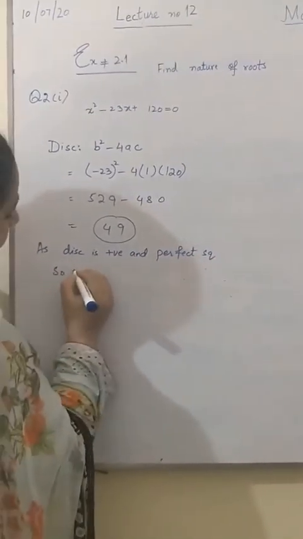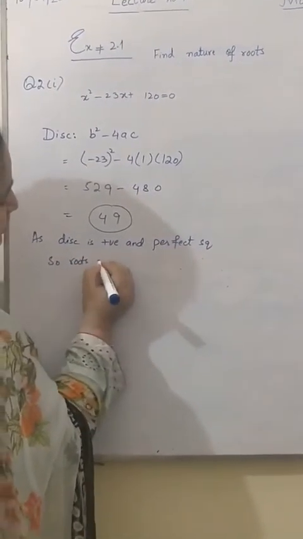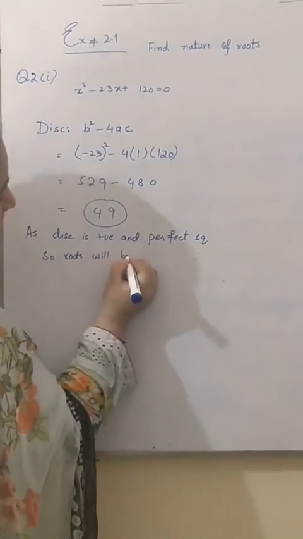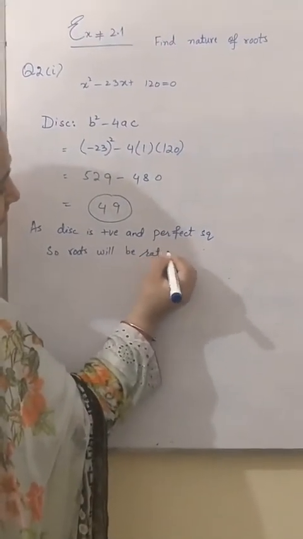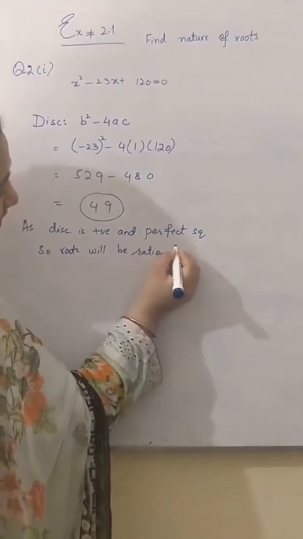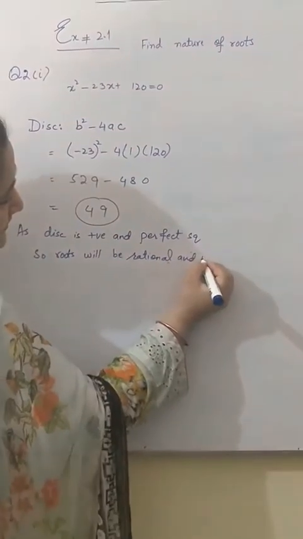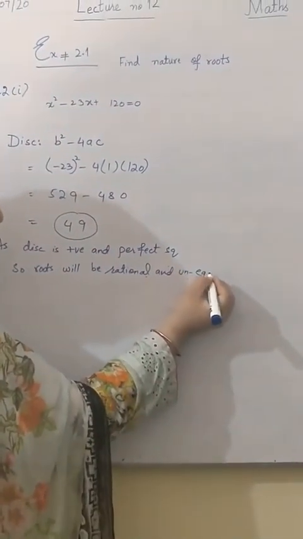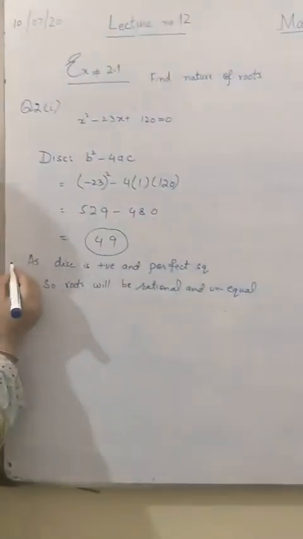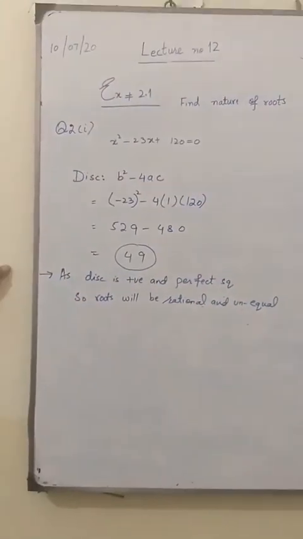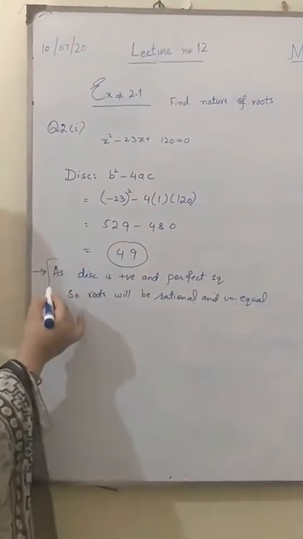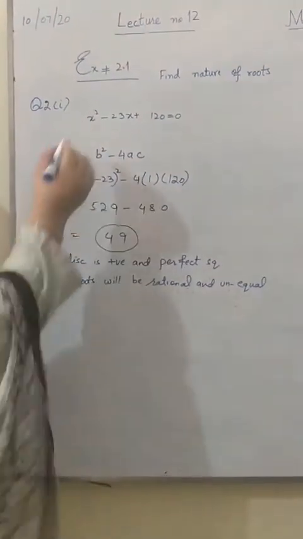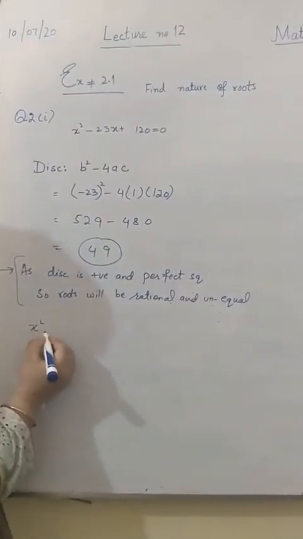So roots will be rational and unequal. Now the second part of the question is to verify that we have written this statement correctly. So for verification, we have to solve this equation.